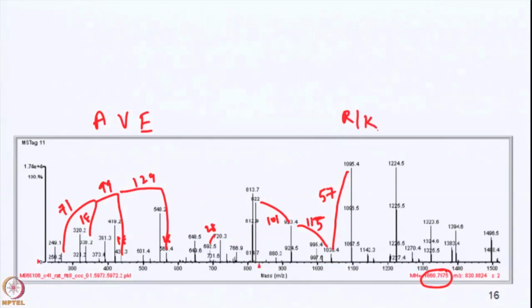But we don't have down to low mass. All right, 266. Lysine.